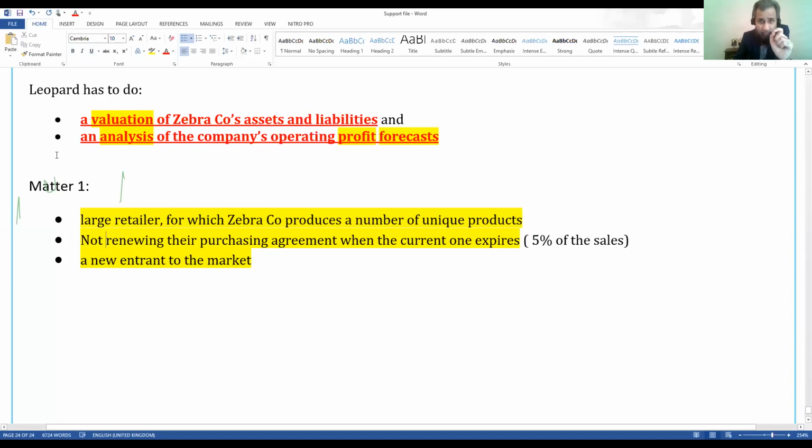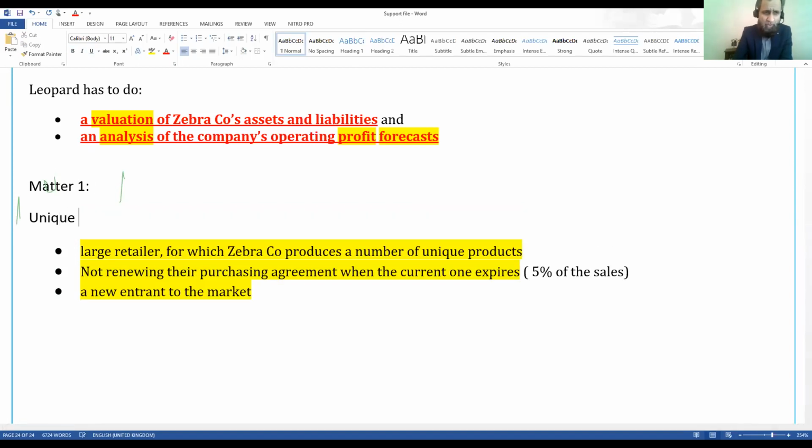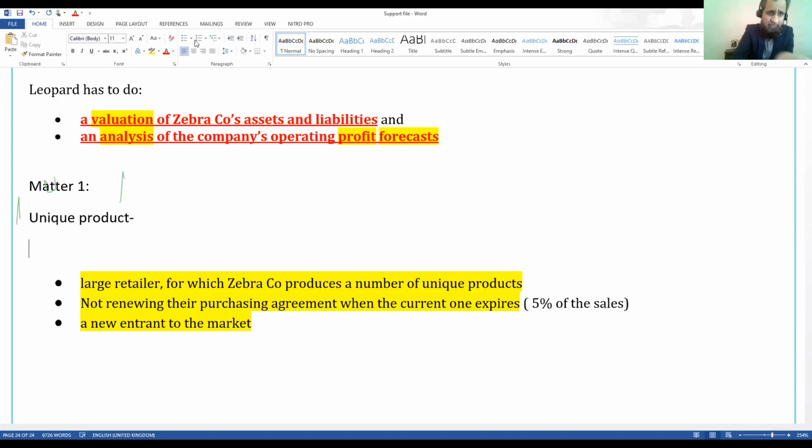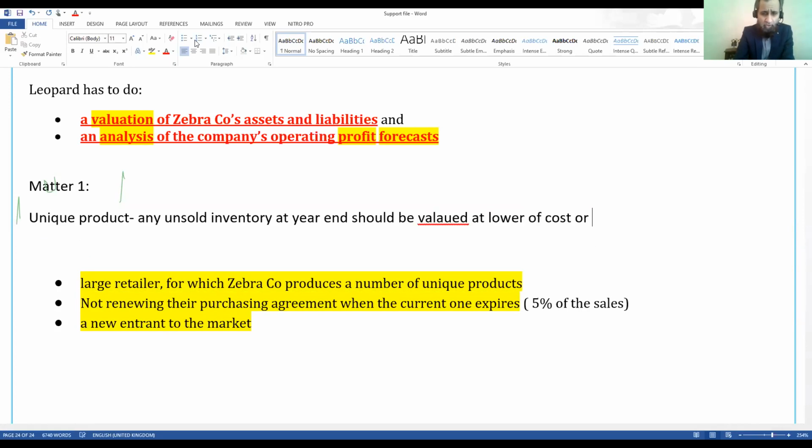Now listen to me, how I explain every meta. I pick up the first meta, large retailer for which Zebra company produced unique products, and I think about unique products. Number 1 point for unique products is any unsold inventory at year end should be valued at lower of cost or NRV.